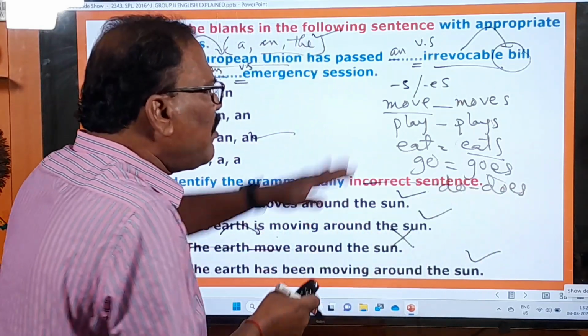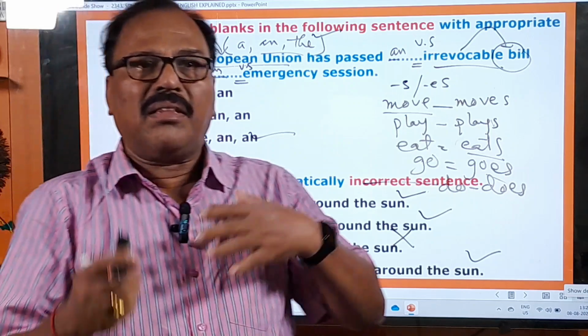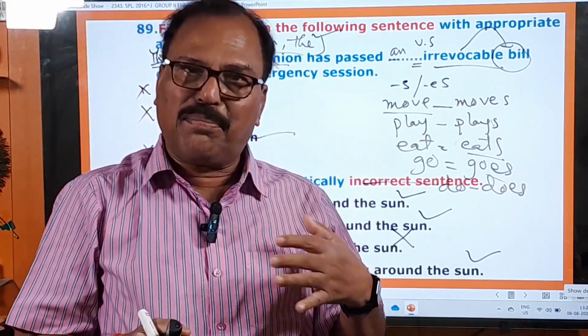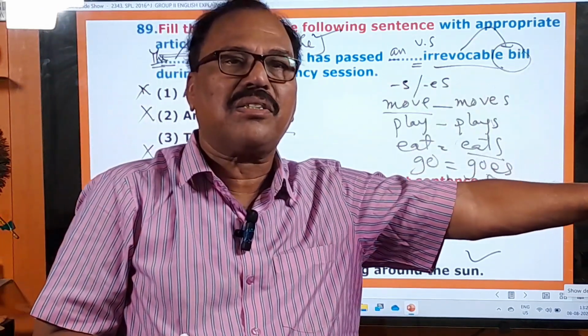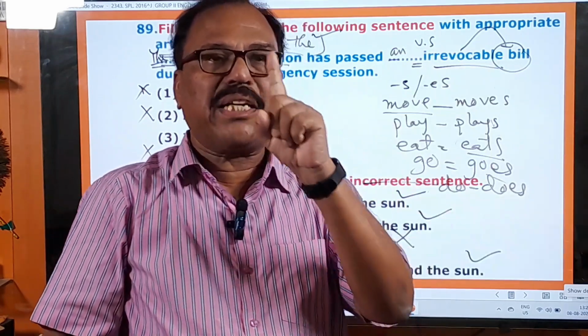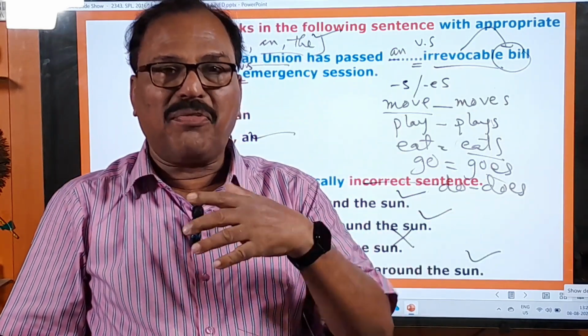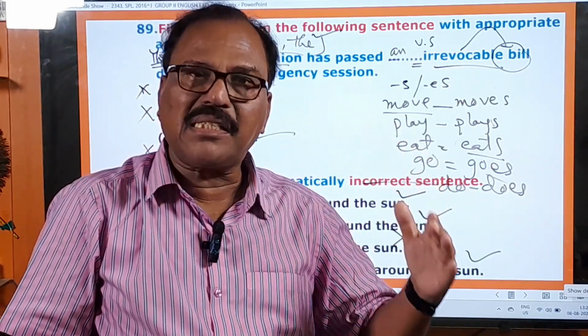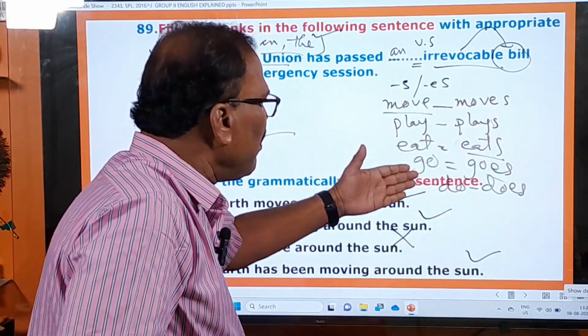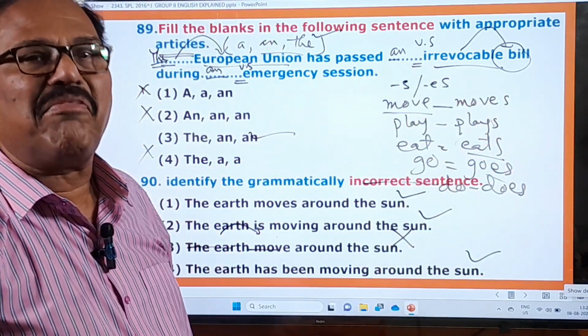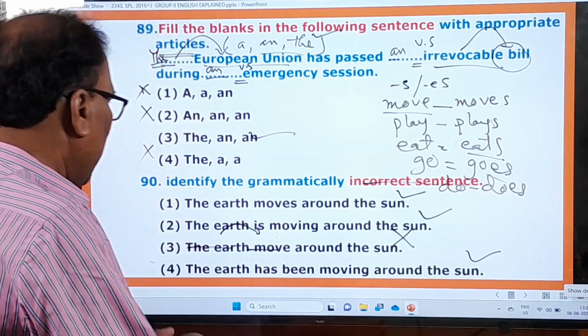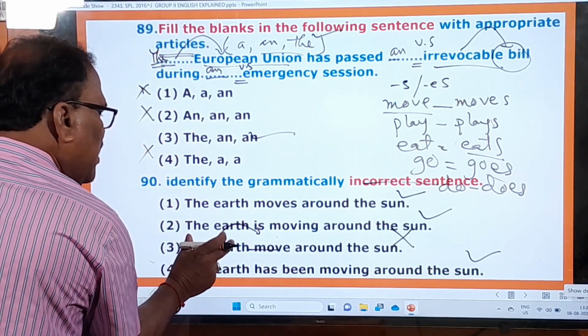See, why I'm telling you all this: the normal verbs are said to be in the plural. If you add s or es to the main verb, it becomes a singular main verb. And here, this earth is the singular subject.